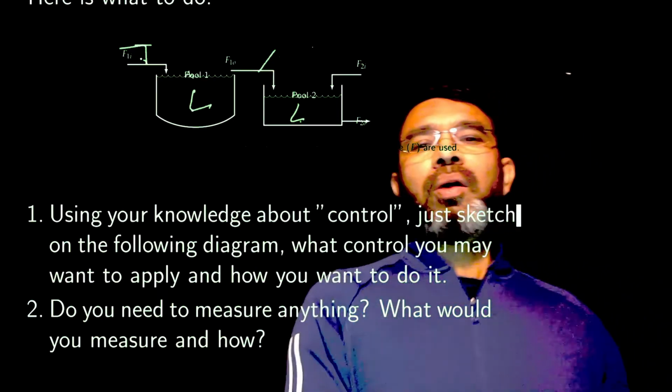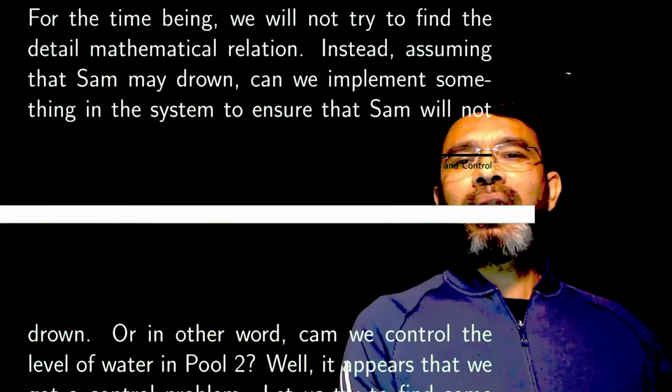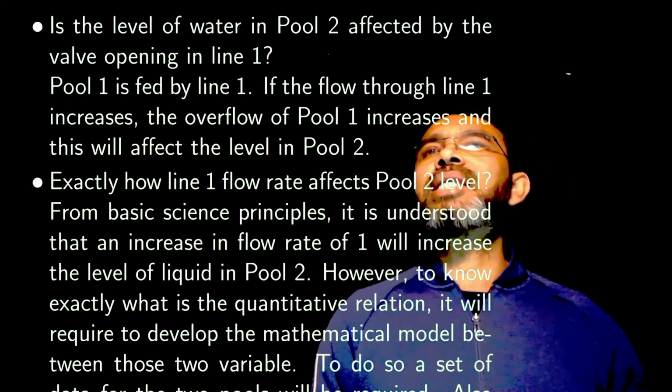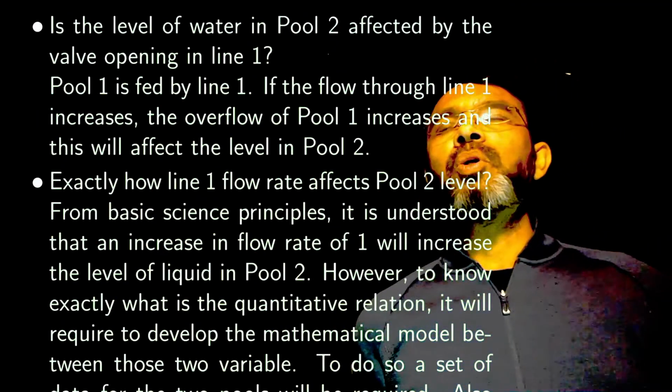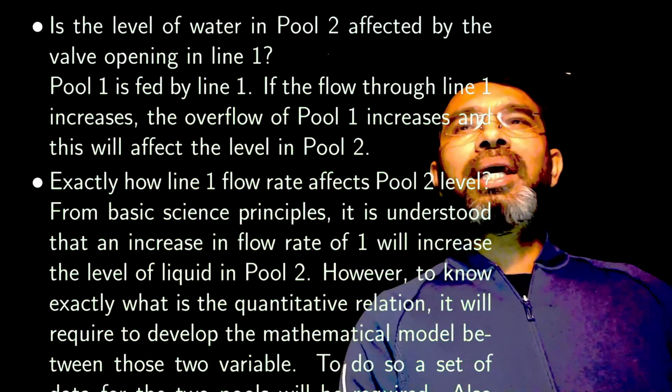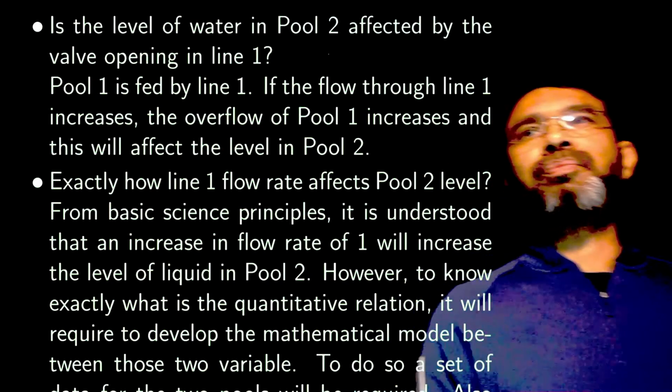Now, going back to the relations between the variables, is the level of water in pool 2 affected by the valve opening in line 1? Yes, we see that there is a relation.